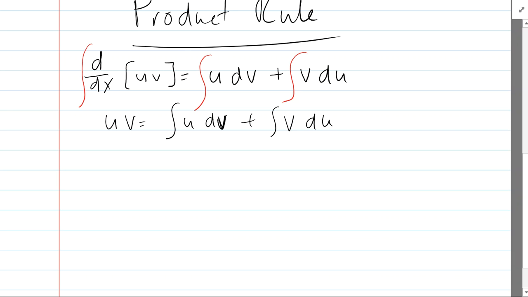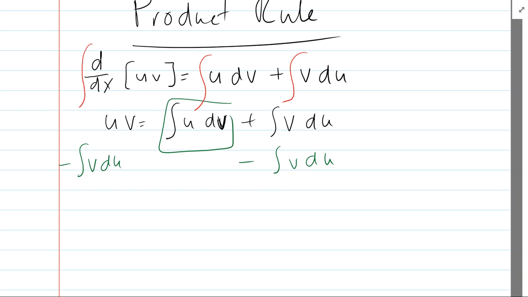In this case, I want to solve for the integral of u dv, where u is something I can take a derivative of, and dv is something I can integrate. That's your goal, because that's what this is for. Then would I just subtract this integral? Right?